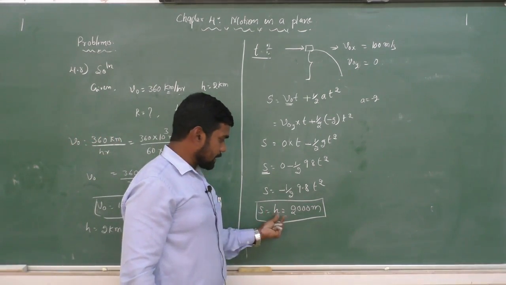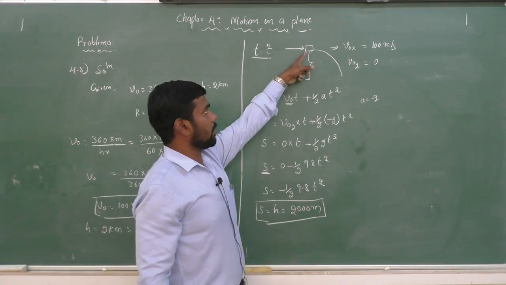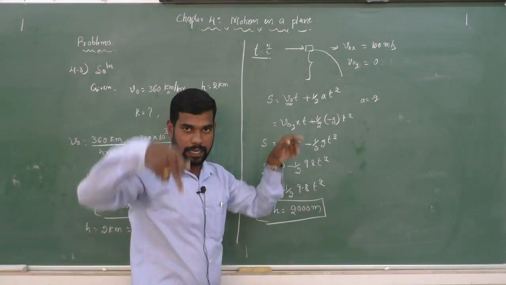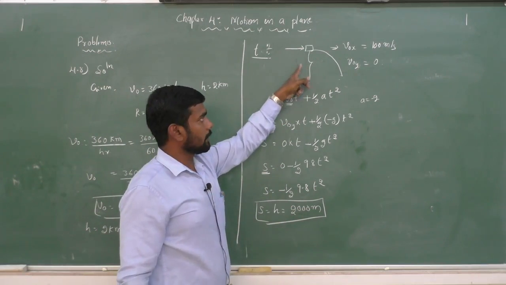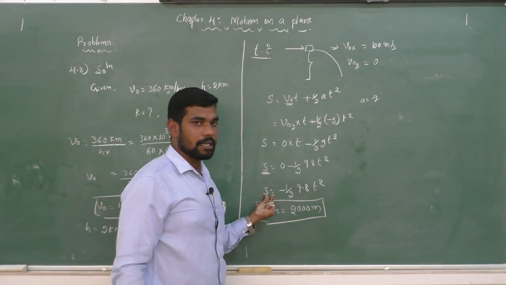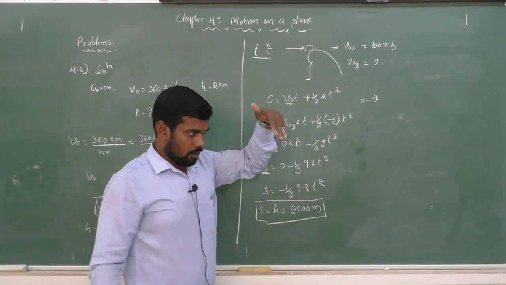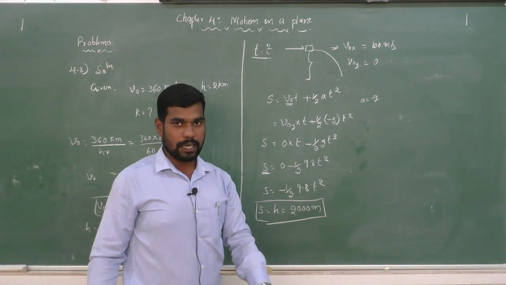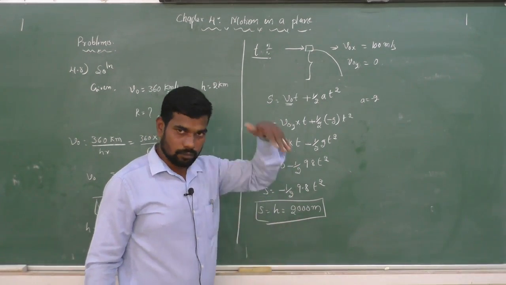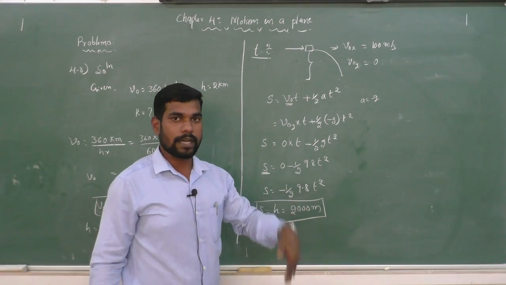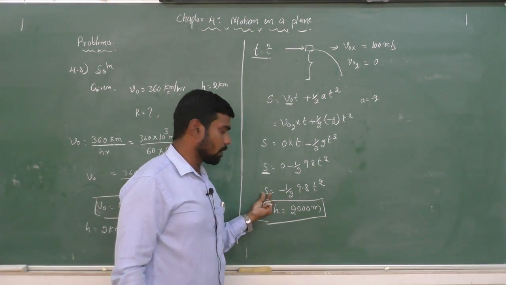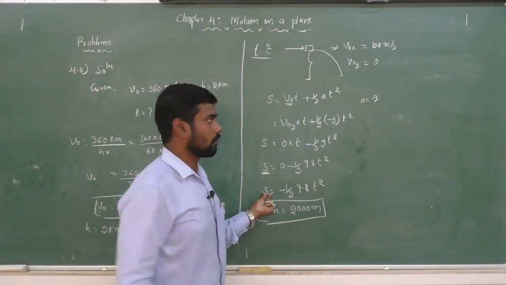Here h is 2000 meter, which is along the negative y direction, the downward direction. So the S value will be taken as negative. That should be noted. The displacement is in the downward, negative y direction, so it will be minus.